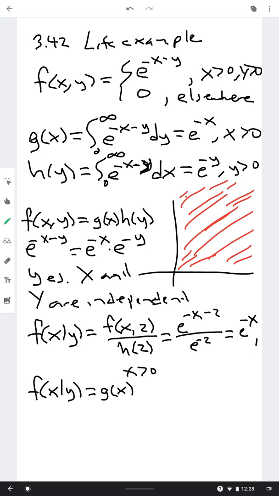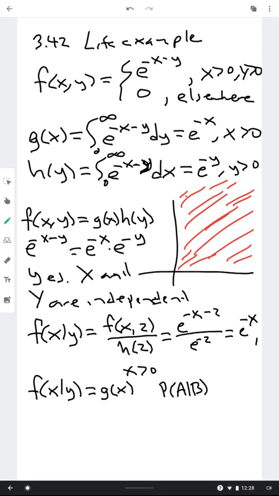So f of x given y is equal to g of x. If you remember, this is very similar to what we had before. When we have independence of events, the probability of A given B is equal to the probability of A. It's a very similar thing. So knowledge of y doesn't affect the value of x.